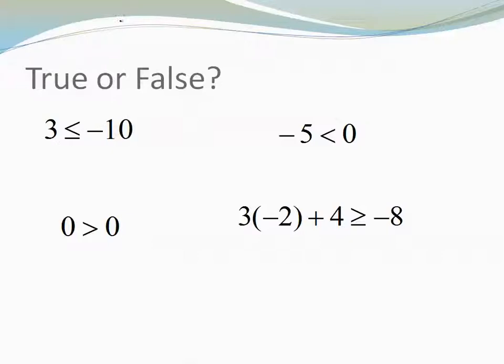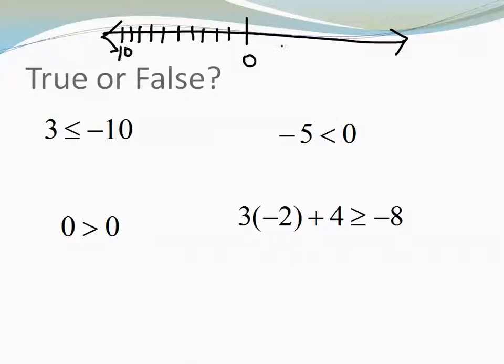If you think about the number line, you have 0, and then you have all the negatives over here. So negative 10 is over here, and 3, the positives, are over here. No matter how big the negative, positives are always bigger. Negatives, think of them as small.